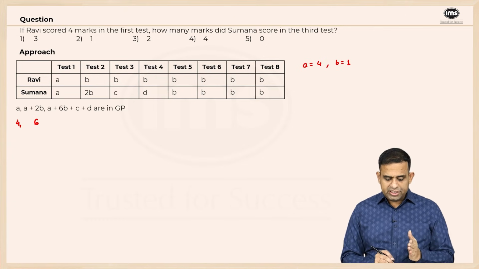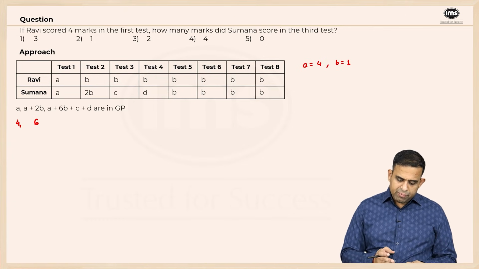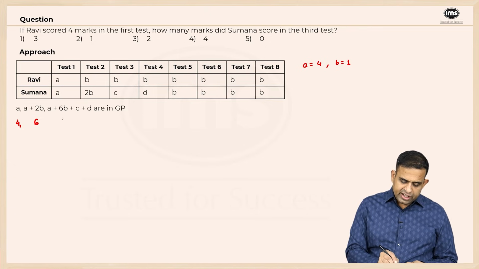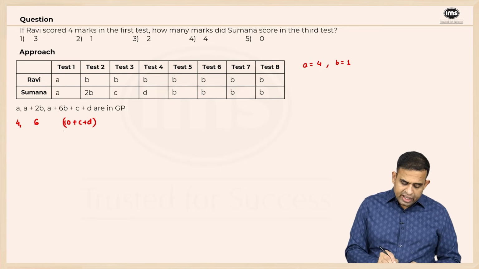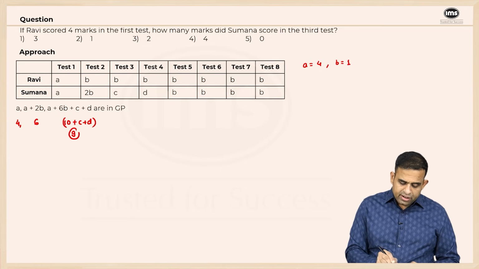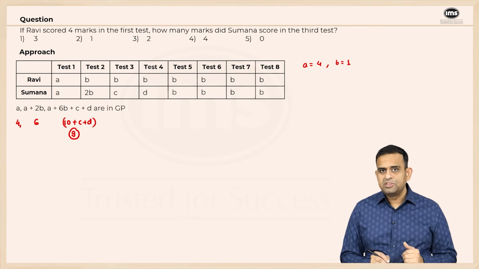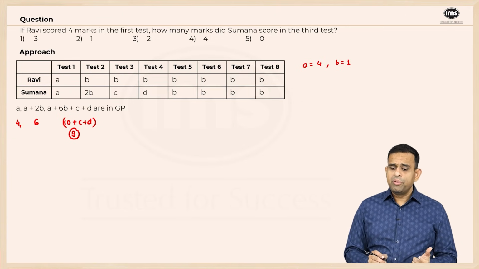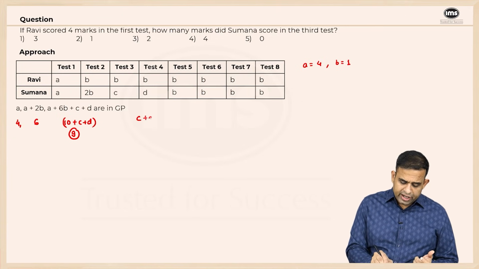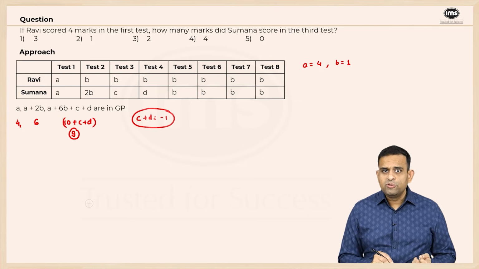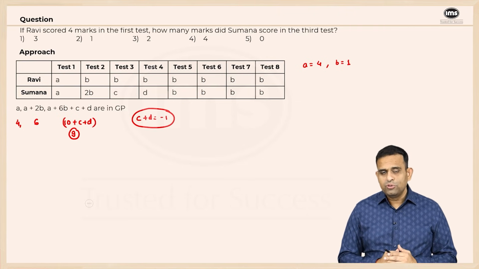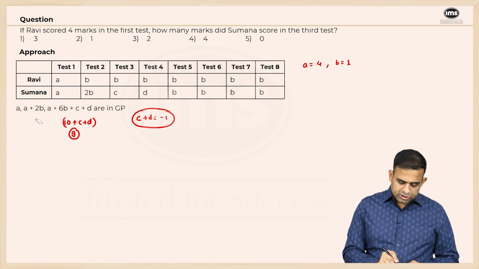And the term a plus 6b plus c plus d will become 4 plus 6, which is 10, plus c plus d. But as I told you, if 4, 6 and something are in GP, that something has to be equal to 9. But now 10 plus c plus d being equal to 9 is not going to work out, because c plus d becomes equal to -1. But the least possible sum of c and d is 0, when both of them are equal to 0. So this won't work.